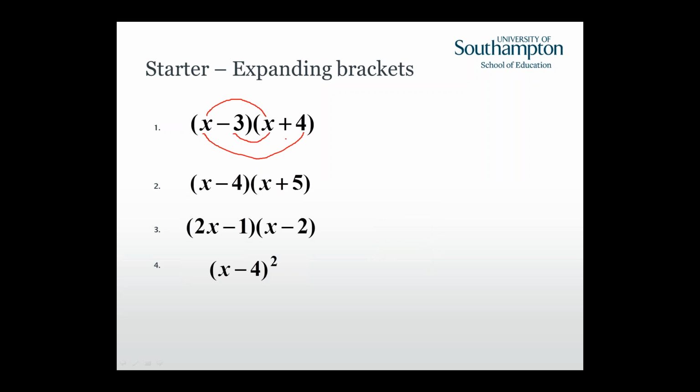Inner minus 3x. Last, minus 3 times 4 is minus 12. And you can put all that together, so that you can collect these two terms together, so that when you expand the brackets, you are left with three terms.